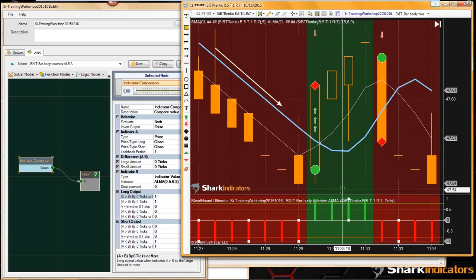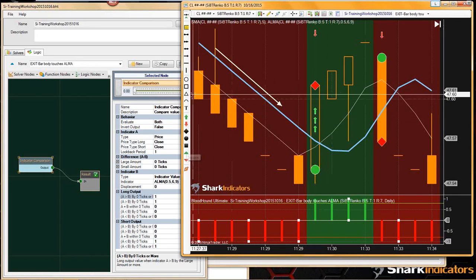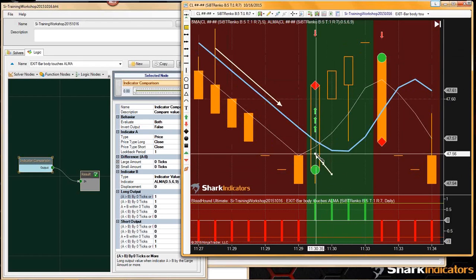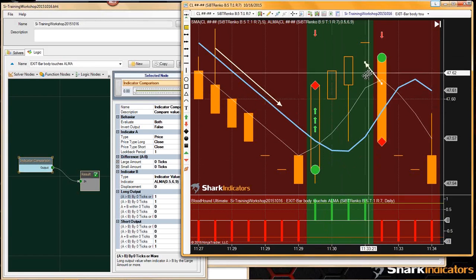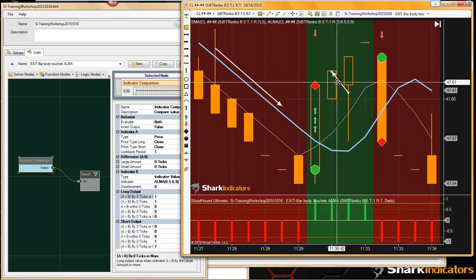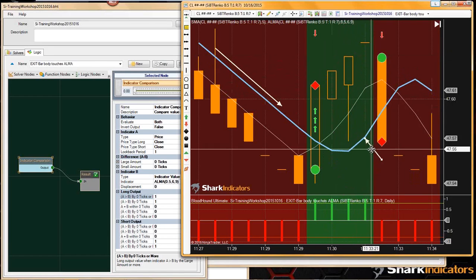But you'll notice we're also, let me grab another arrow. So we're getting a long output on this bar, but we're also getting long outputs on these other bars here, and that's because the closing price is above our moving average.